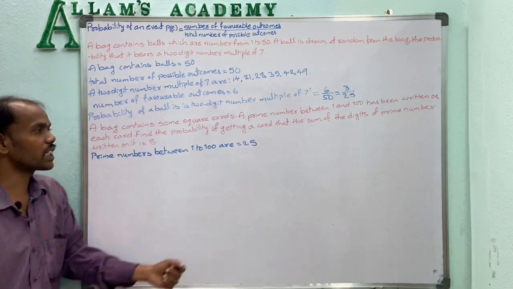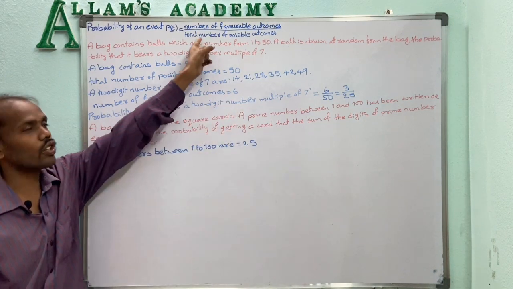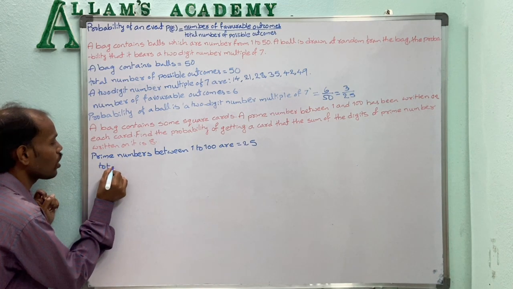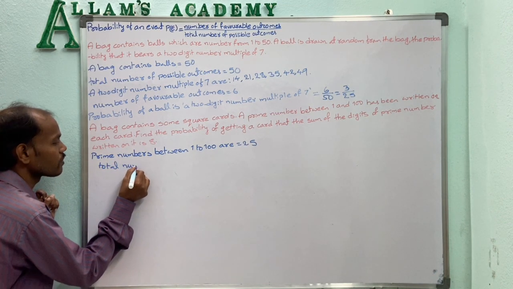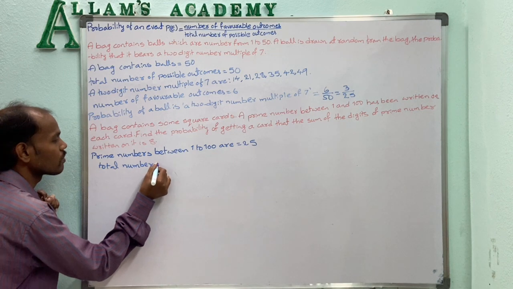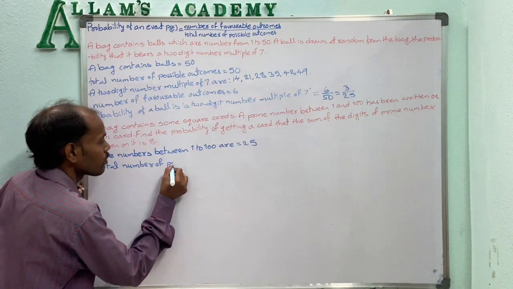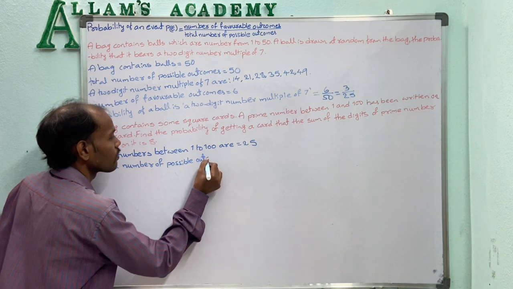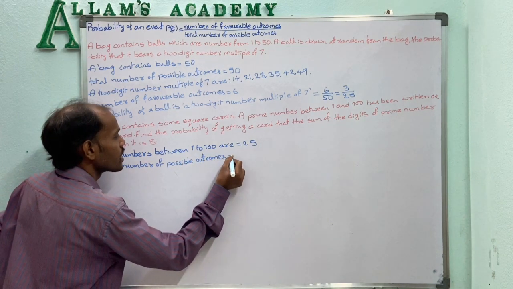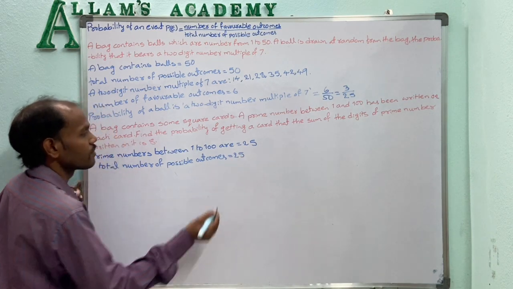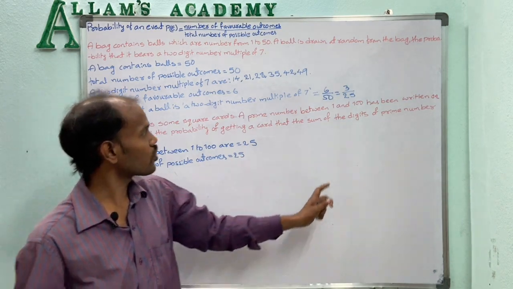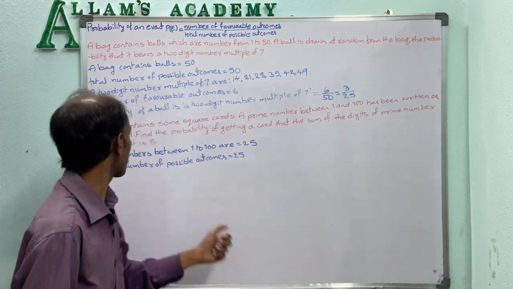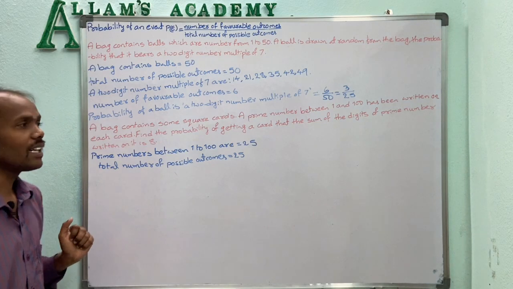That means this 25 is the total number of possible outcomes. So the total number of possible outcomes is equal to 25.